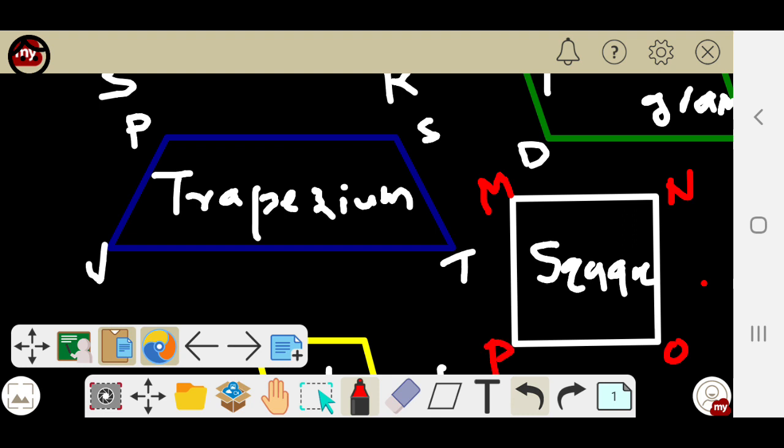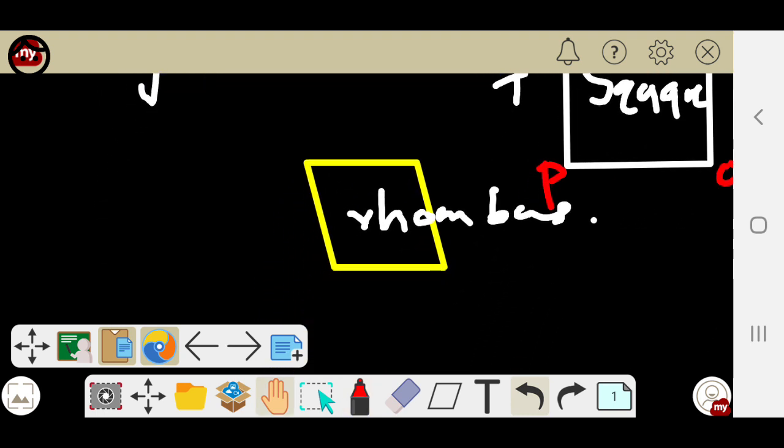MNOP. We all know that in a square, four sides are equal. MN equal to NO equal to OP equal to PM. Next, rhombus. EFGH. Rhombus means all the four sides are equal.